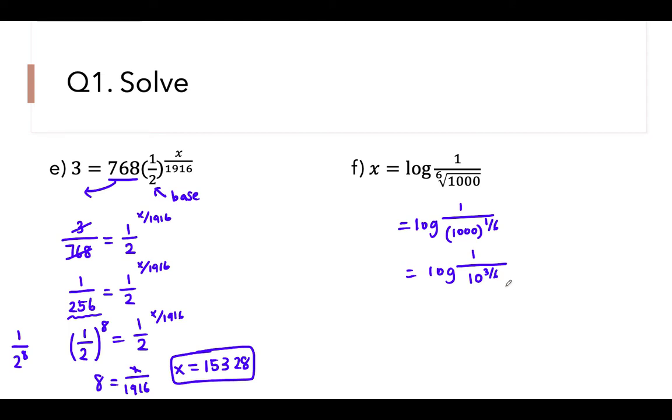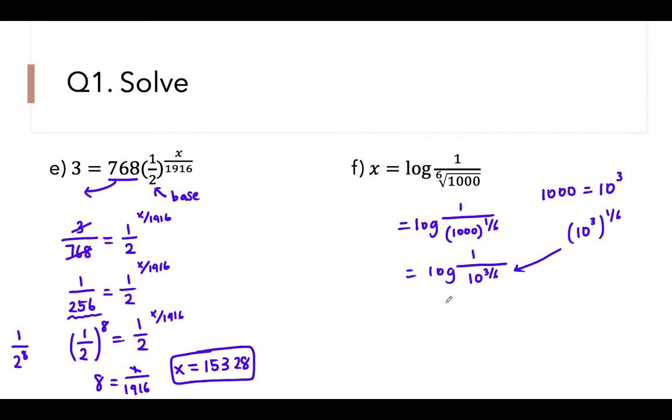The reason why it's 3 over 6 is because 1000 is equal to 10 to the 3. There are 3 zeros. So therefore, I simplify 1,000 into 10 to the 3 to the power of 1 over 6. And then I multiplied and I got this.